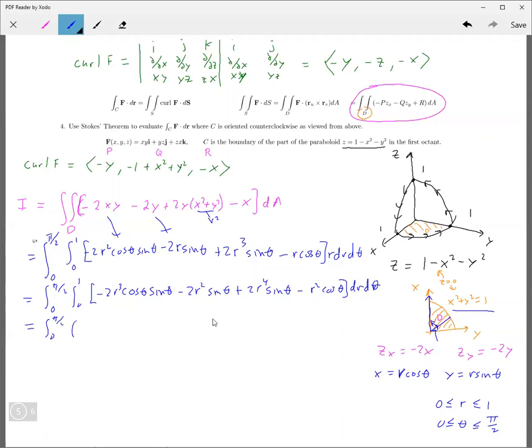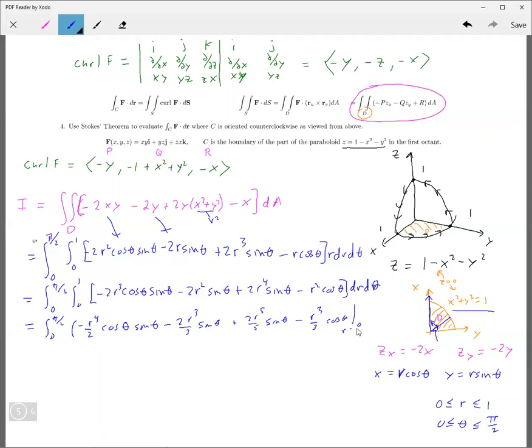This would be minus r to the fourth over 2 cosine theta sine theta, and this would be 2r to the third over 3 sine theta. This is 2r to the fifth over 5 sine theta, and then this is r cubed over 3 cosine theta.